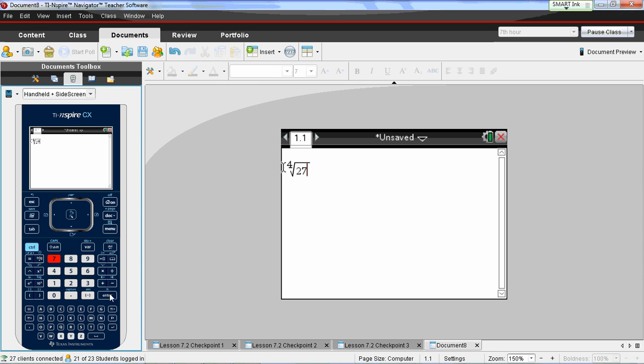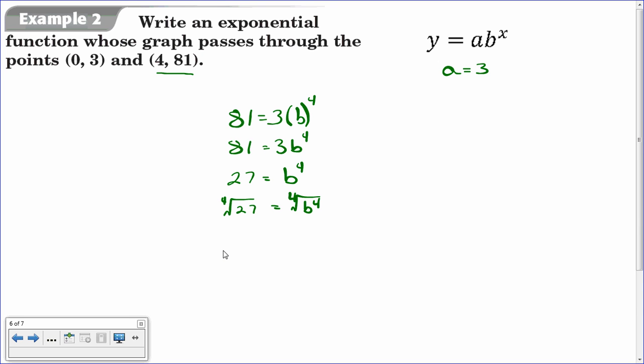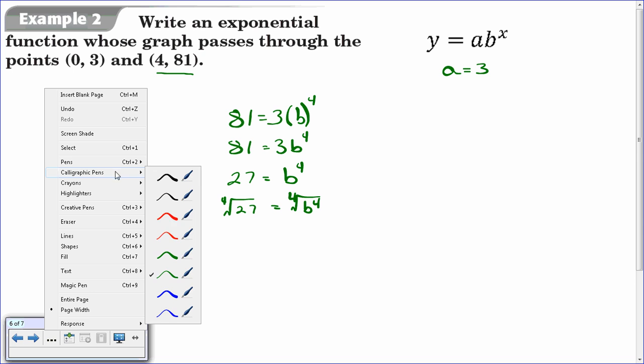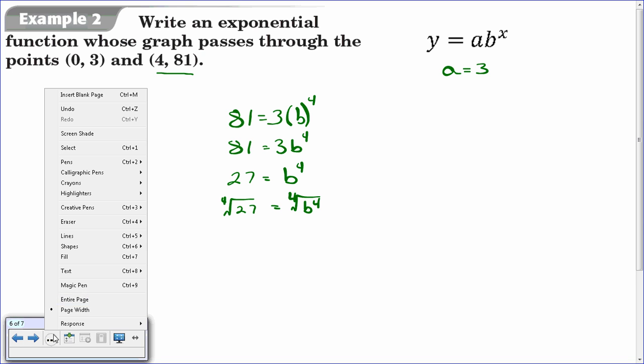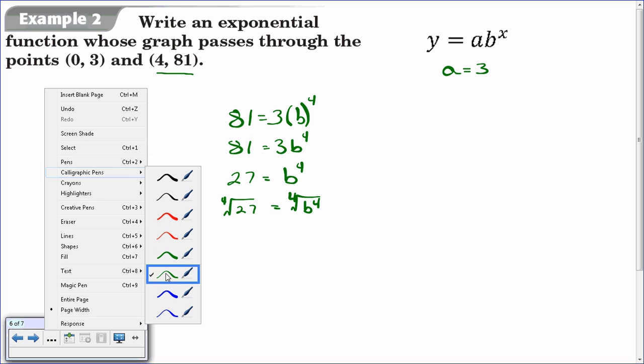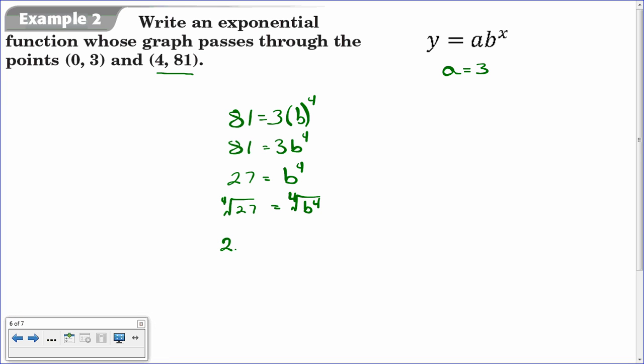These calculators are set up to round to the nearest 5 decimal places, so it's 2.27951. All right, so let's go ahead and write that down. 2.27951, and that's equal to b.